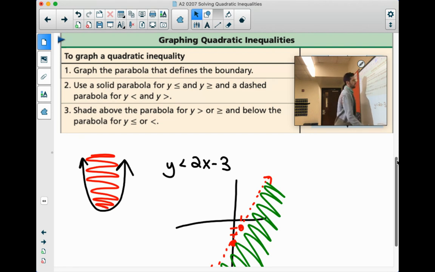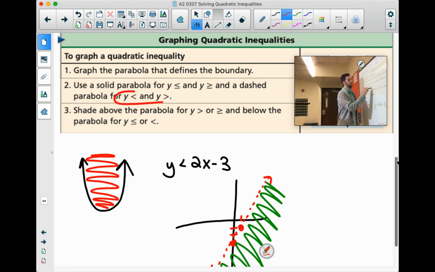But if it's just greater than or just less than, that's going to be a dashed line when you do your parabola. And then you shade above the parabola for greater than or equal to, which makes sense, right? If things are greater, you go above them. And if it's less than or equal to, you shade underneath that parabola.